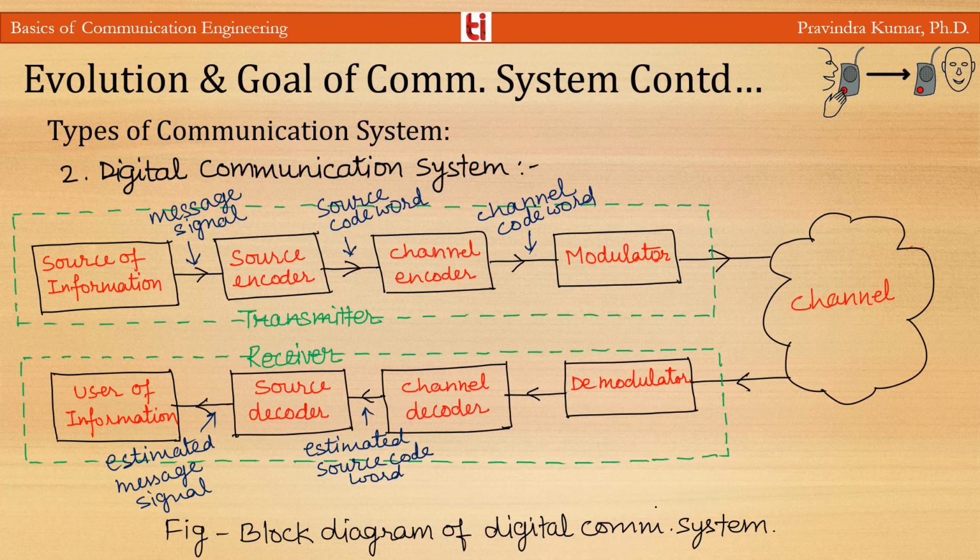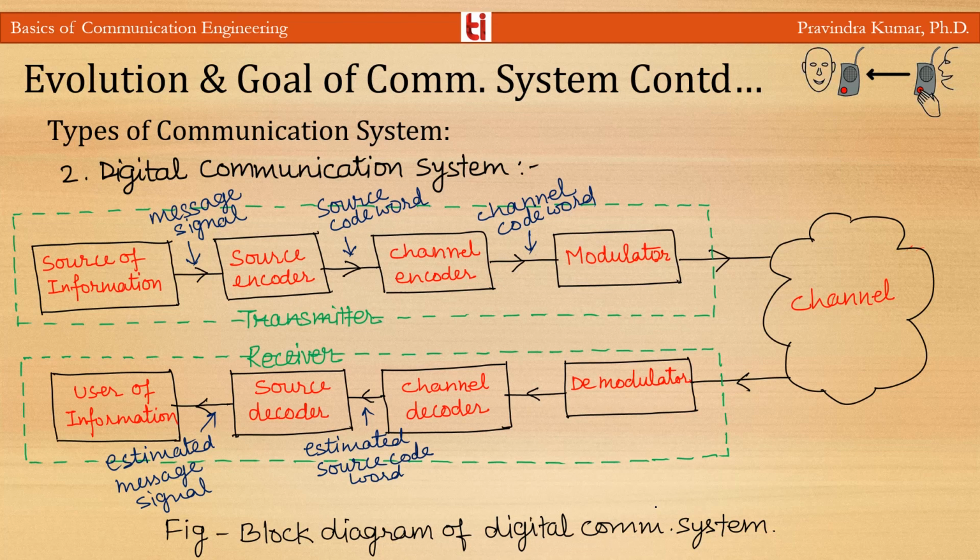The channel decoder at the receiving end maps the channel encoded words into the estimated source code words in such a way that the effect of channel noise is reduced to a minimum.